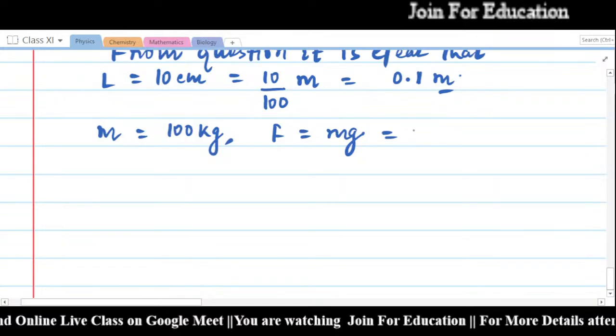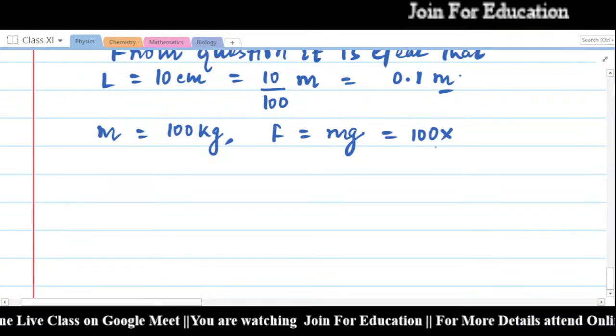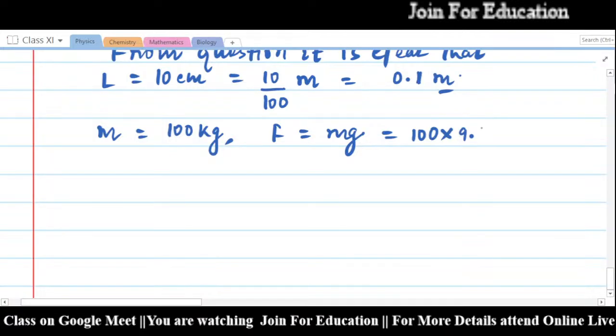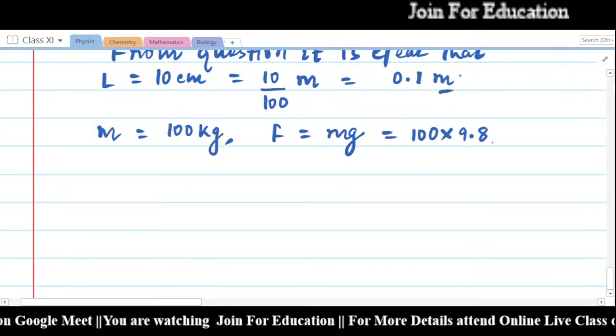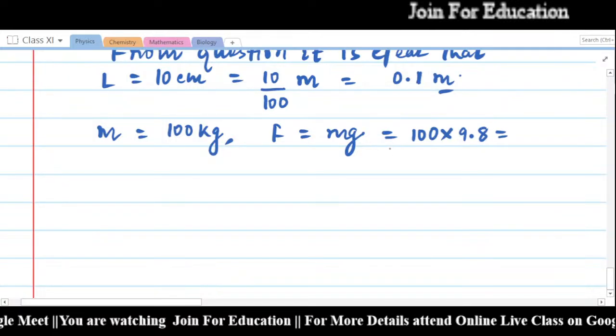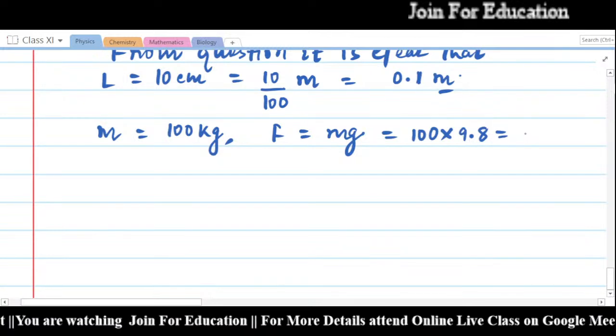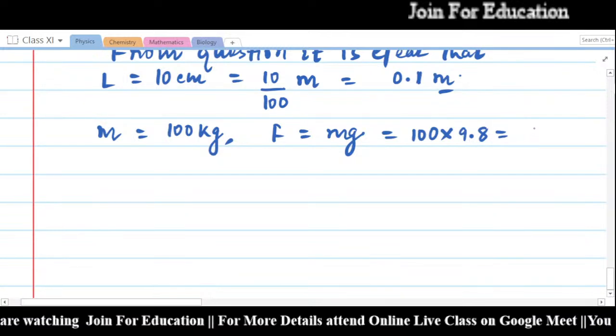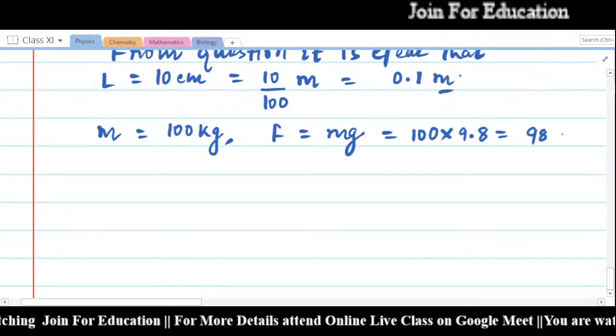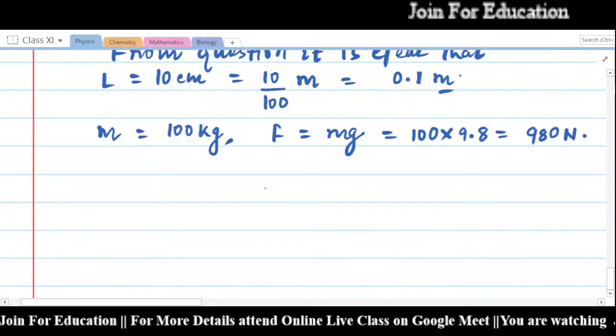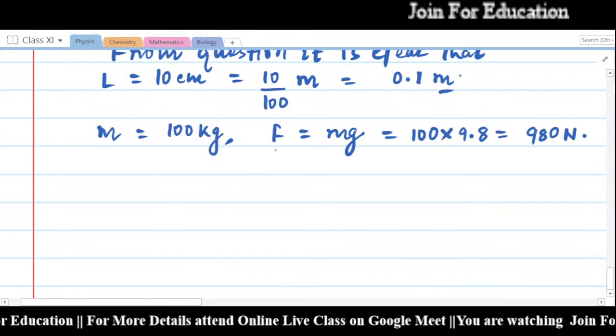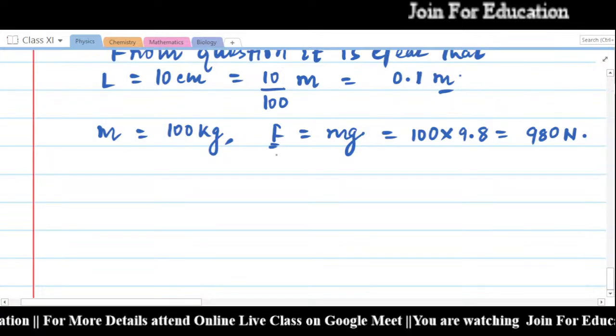Therefore we write down here 100 into 9.8. The value of g is 9.8. So this will be 980 Newton. There is no problem to understand up to this step.